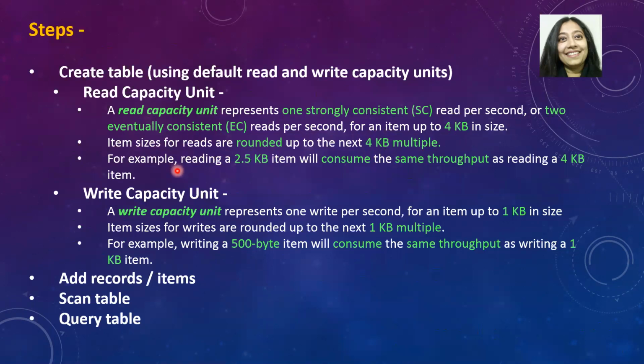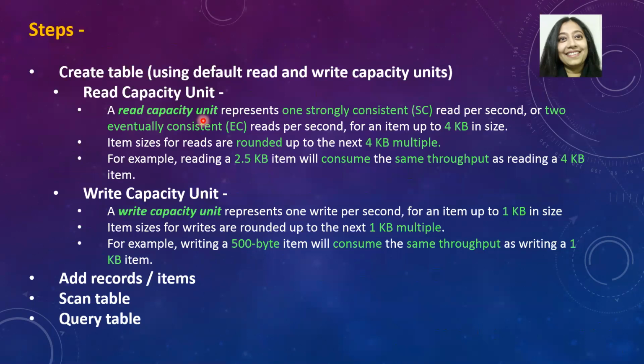For example, if I am reading a file which is of size 2.5 KB, it will consume the entire throughput of 4 KB even though it is lesser than 4 KB. And the reason behind it is that one read capacity unit is of size 4 KB. And any other unit, let's say if you add more units to this as well, each unit is of size 4 KB.